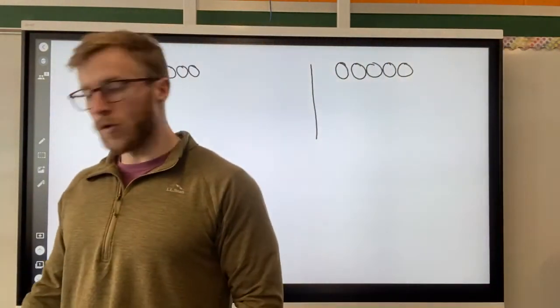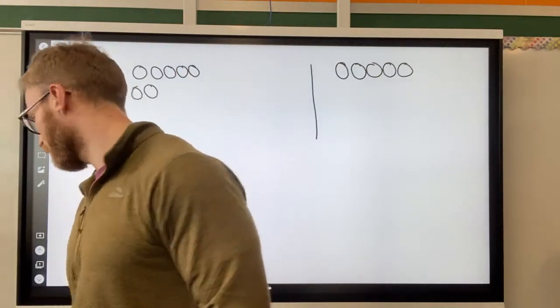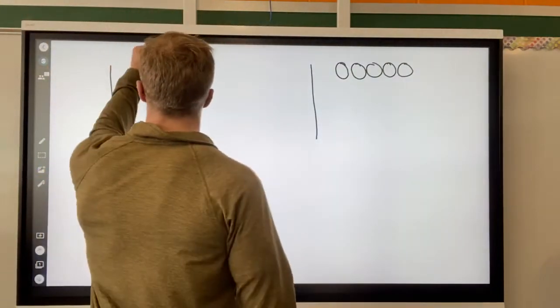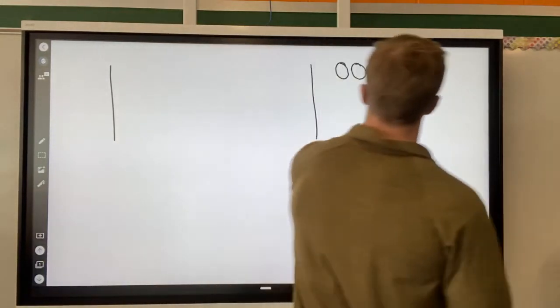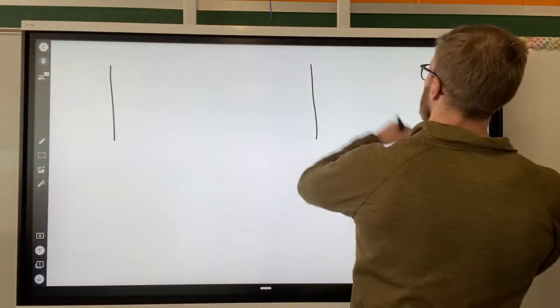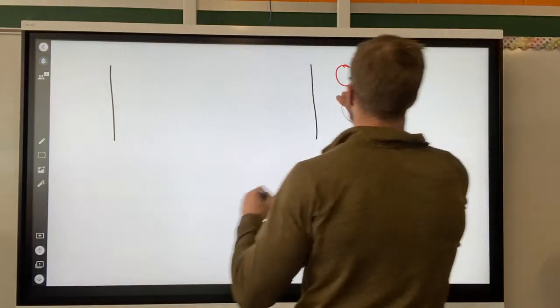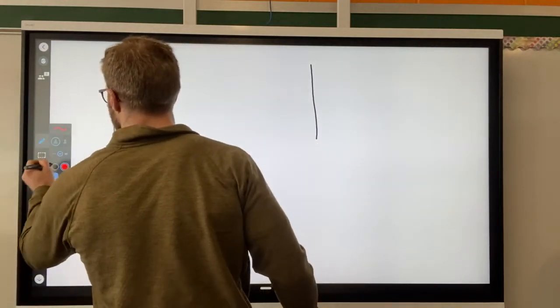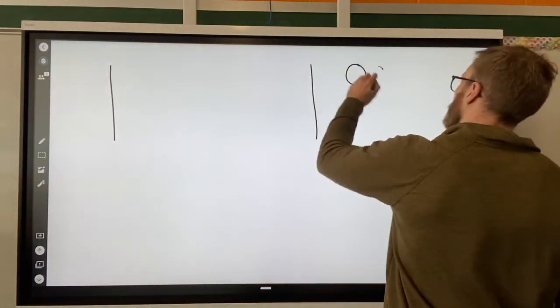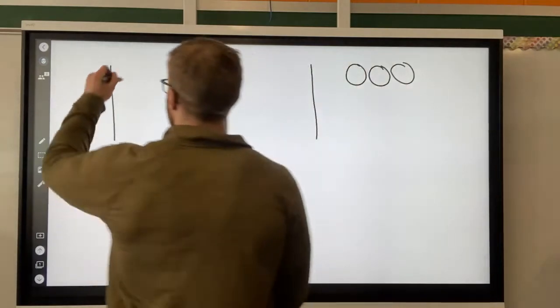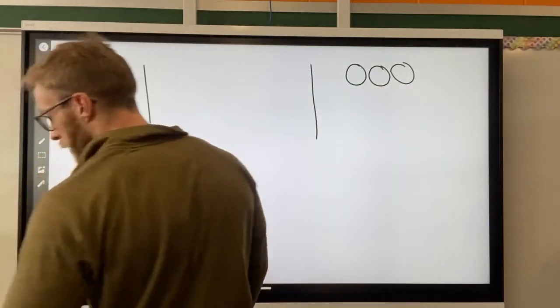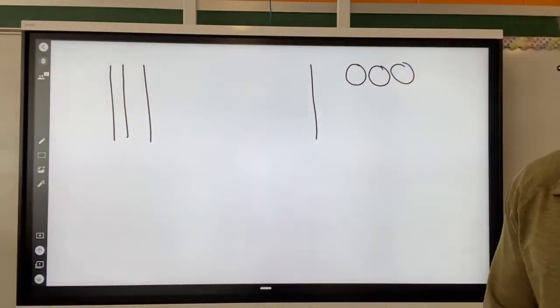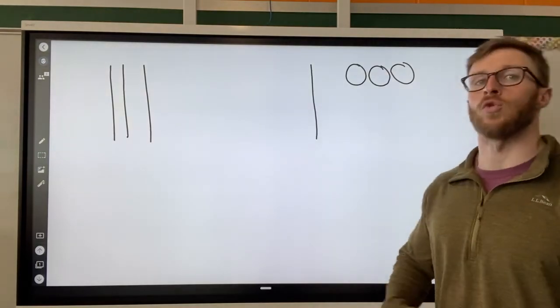Alrighty, let's see. We'll try one more problem. Here we go. Oops. I don't want red right now. I want black. There we go. And there's the other one. All right, there are your two numbers. Which one is greater?